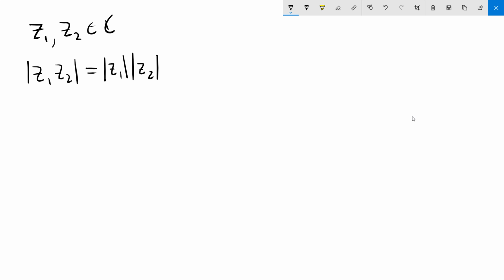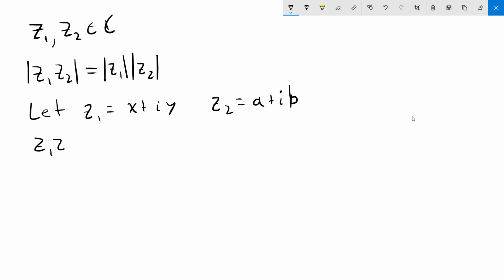We'd say let z1 equal x plus iy and z2 equal a plus ib. Well, this means that z1 times z2 is equal to just x plus iy multiplied by a plus ib, where here we actually just multiply the way we multiply any two binomials, right?